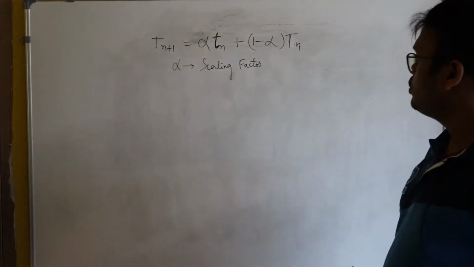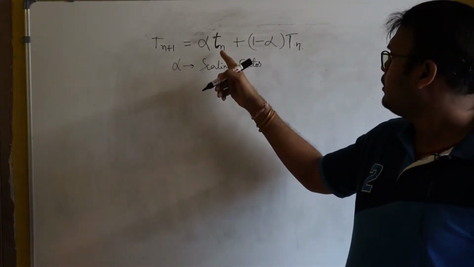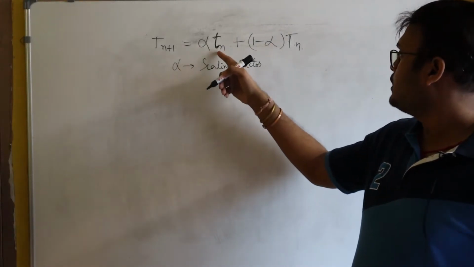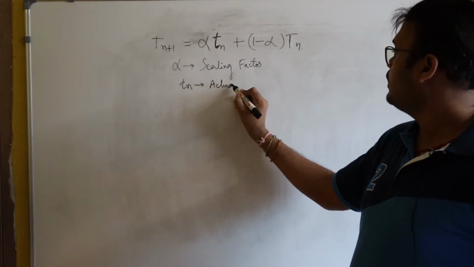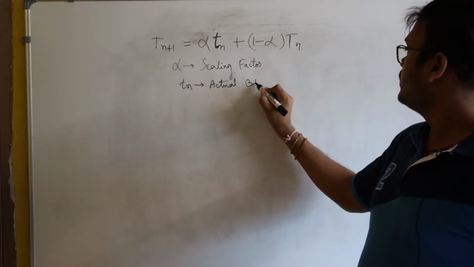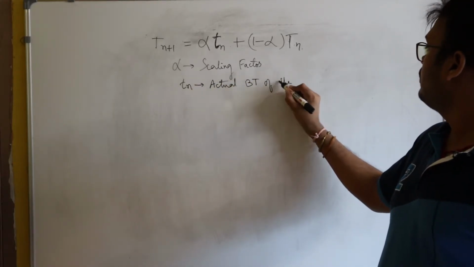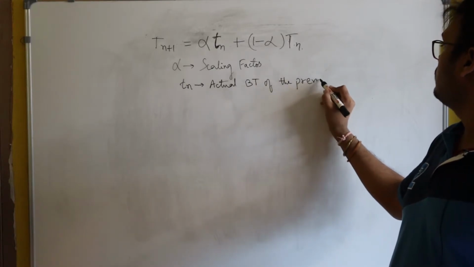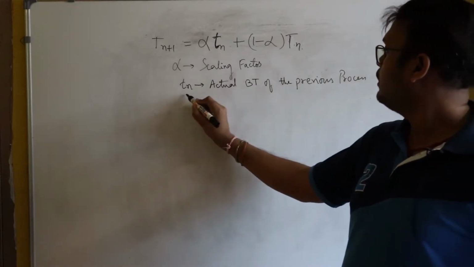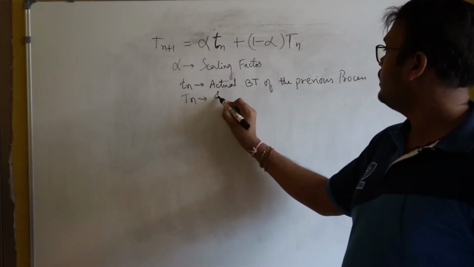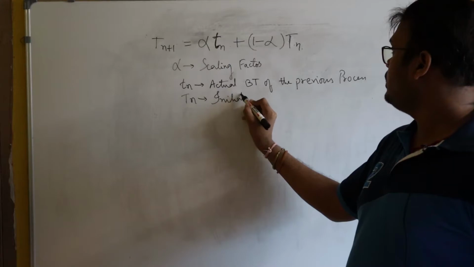So here, what is this small t(n)? It is the actual burst time of the previous process. And capital T(n) is our initial guess.